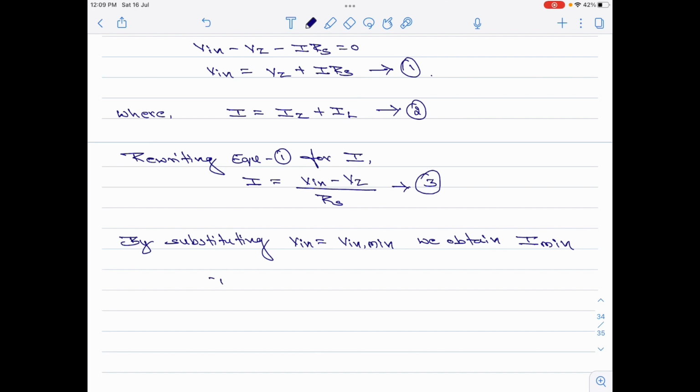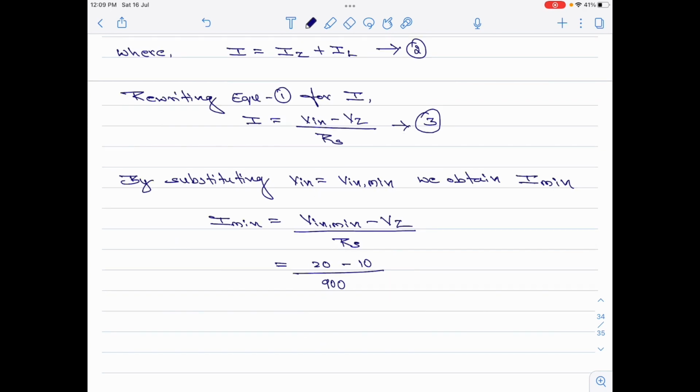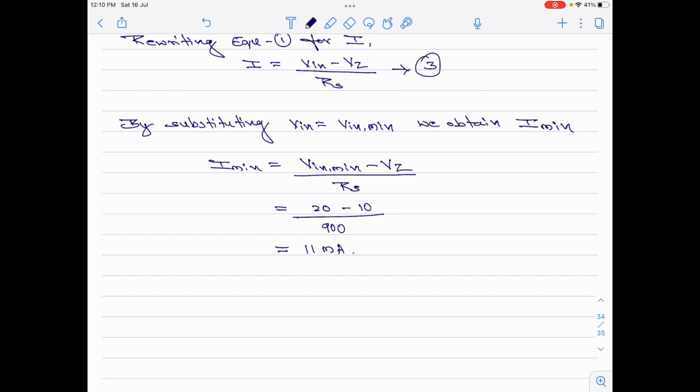So, I minimum is equal to V in minimum minus Vz divided by Rs. The value of V in minimum is 20 volt, value of Vz is 10 volt, the value of Rs is 900 ohms. So, the value of I minimum is equal to 11 milliamperes. Let us now substitute V in as V in maximum into equation 3 and find the I maximum.